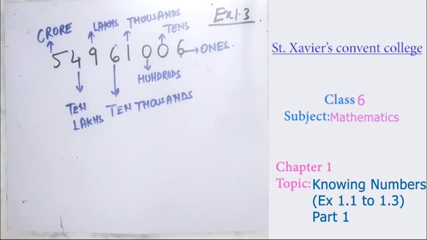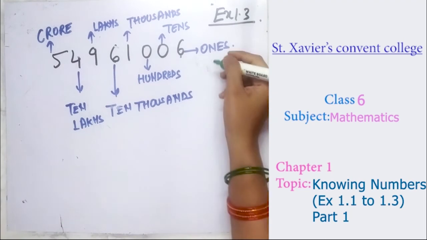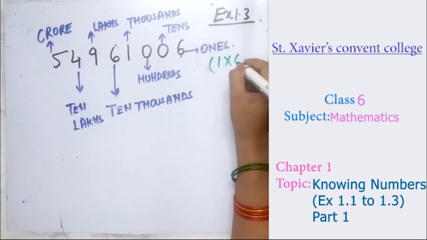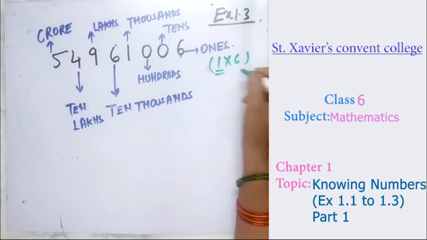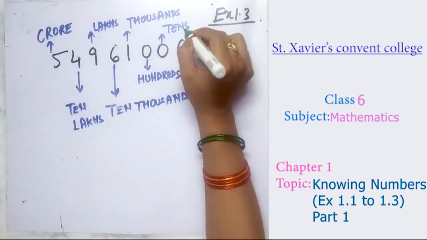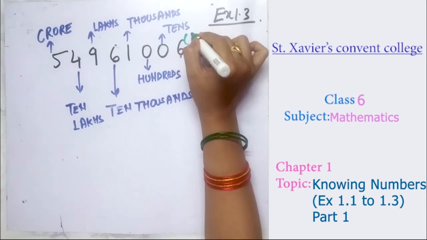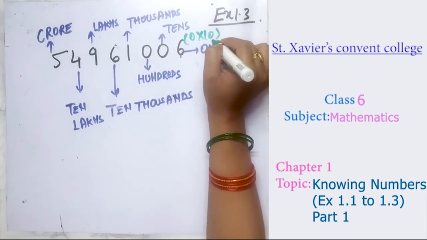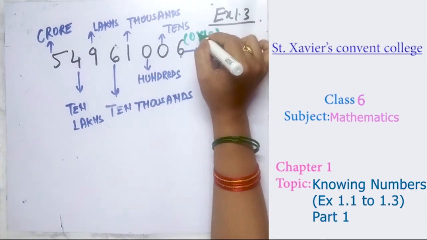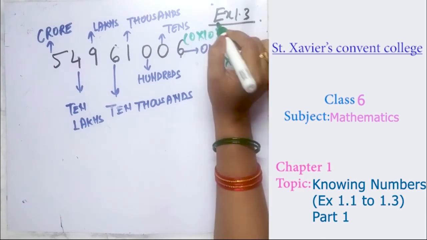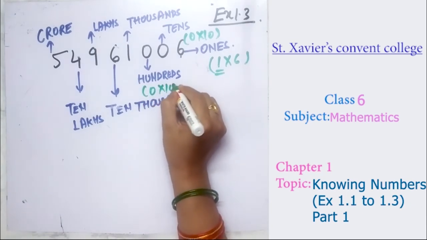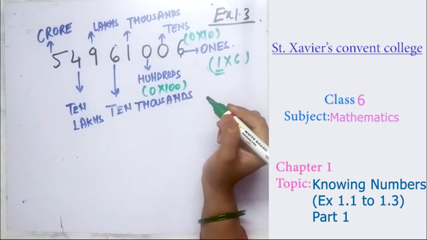So how are you going to write these place values? Let me show you here. The place value: 1 into 6, where is your place value? That is the 1. Tens: 0 into 10. Hundreds: 0 into 100, I have told you this before.